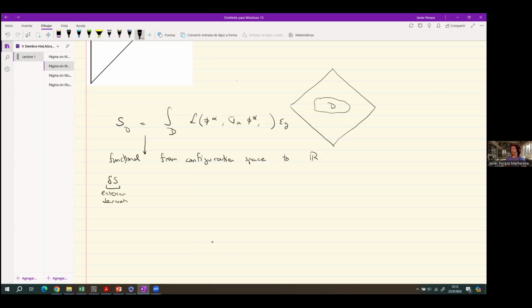So when we write this delta S, what we mean by this is the exterior derivative of S with respect to the configuration space. For the configuration space, we can put a name to it, like F. So delta S is the exterior derivative of the function S, a functional from F to R. We have to evaluate this on some tangent vector to this space, and that is just the usual thing that we associate with the variation.